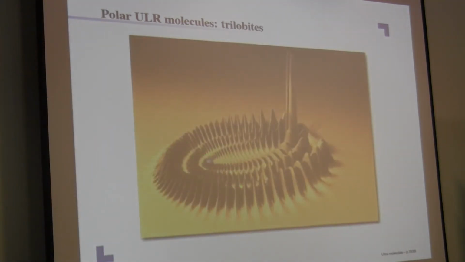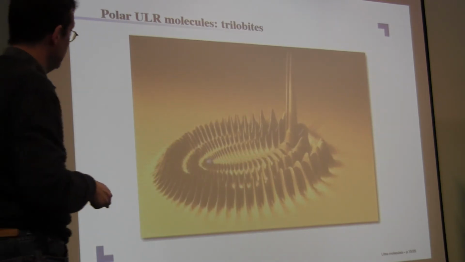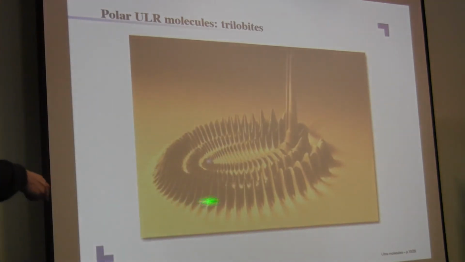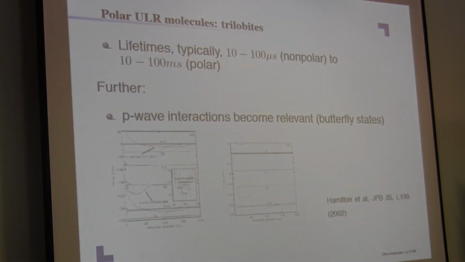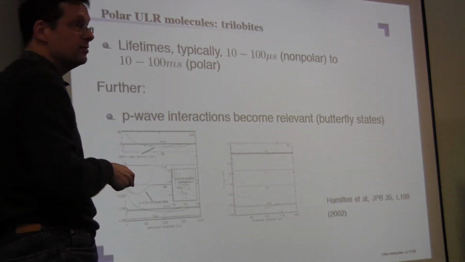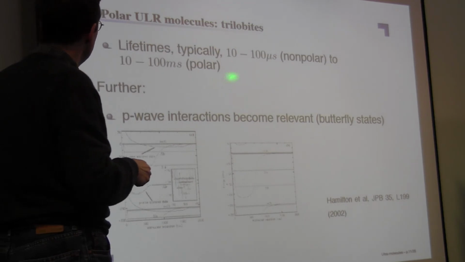This is where the perturber is, and this is how the overall electronic wave function looks. It is reminiscent of this ancient animal, which has a similar shape to this wave function profile. Now, a few more comments before I step on to what I really want to explain to you in terms of dependence on external fields.